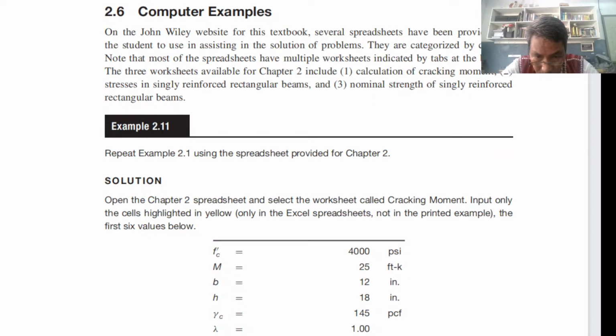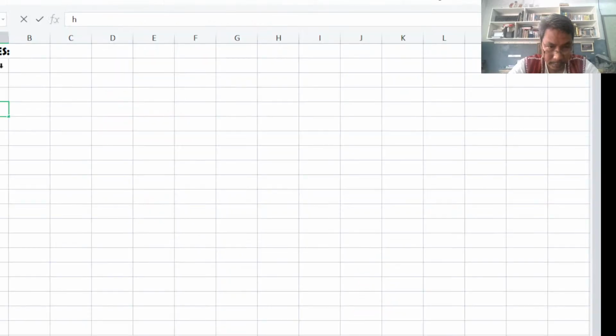Then gamma c, lambda. This symbol, what symbol is this? Insert symbol. Look up the symbols, more symbols. Use the Greek letter. Let us search for the Greek letter.